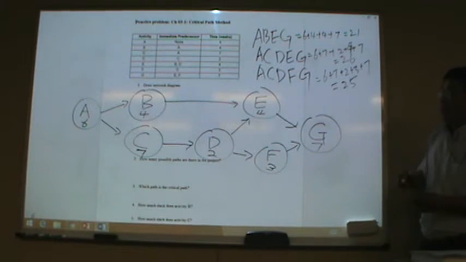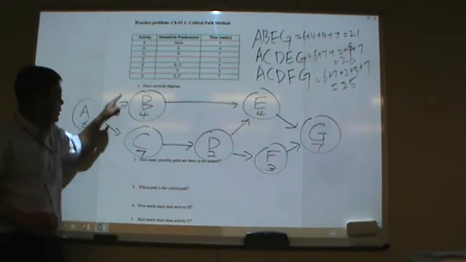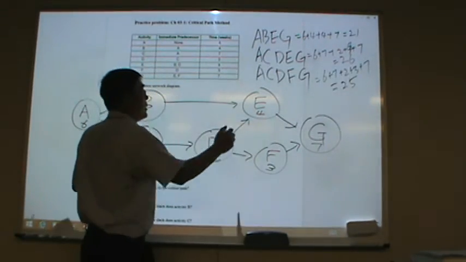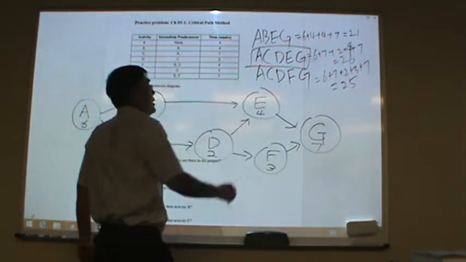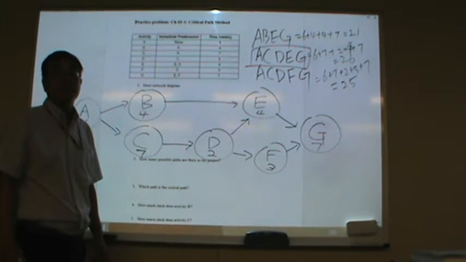So the critical path is the second one, this way, right? So A, C, D, E, G, right? Yep.